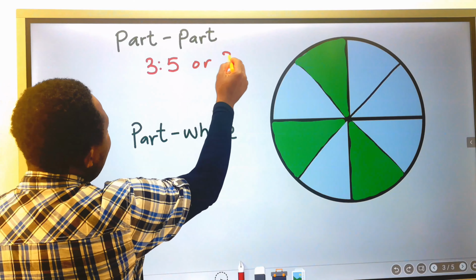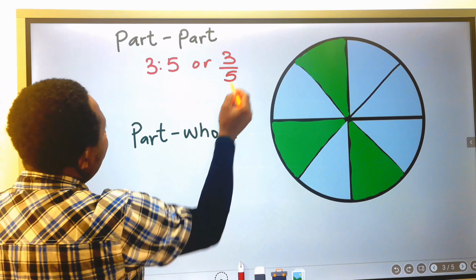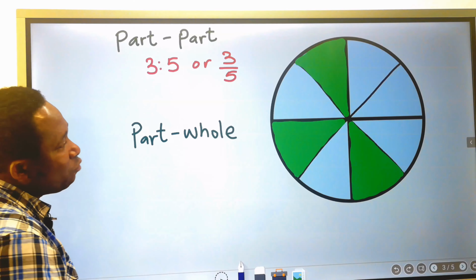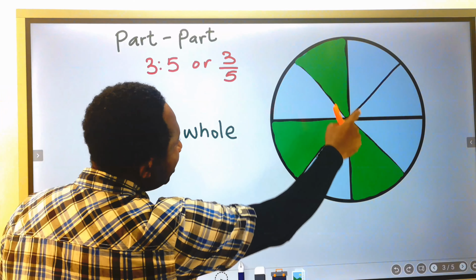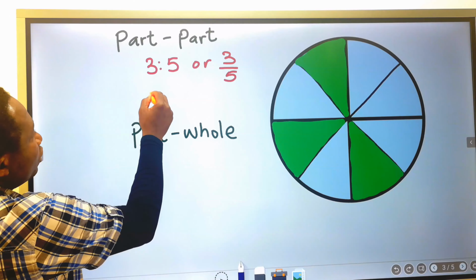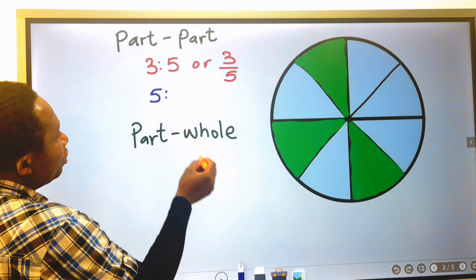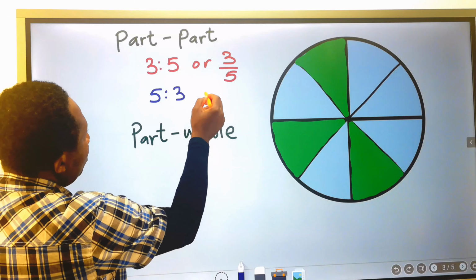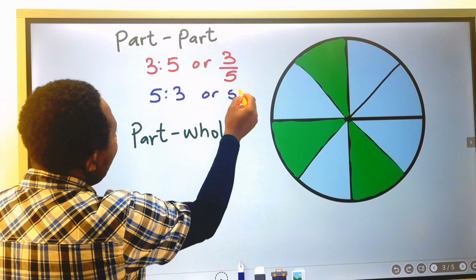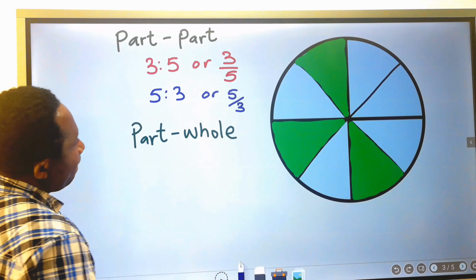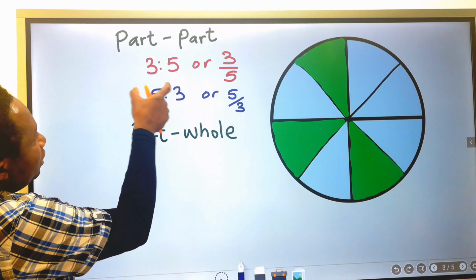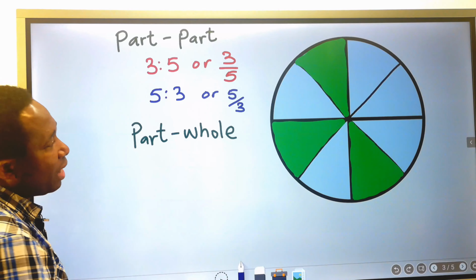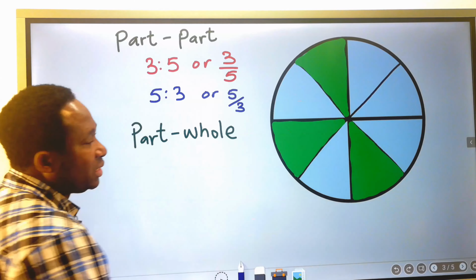This is same as 3:5. But if we're going to consider the unshaded portion first, it's going to be 5:, the shaded portion is 3. We can write this as 5:3. This is part to part. Remember, we have 8 divisions.